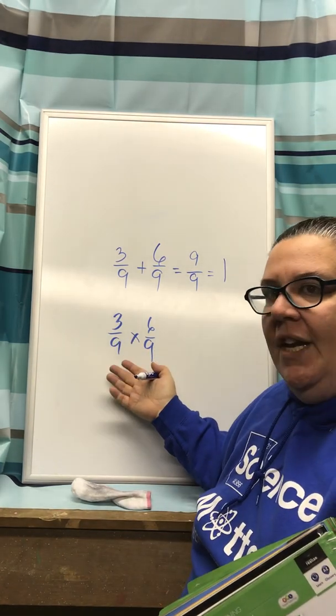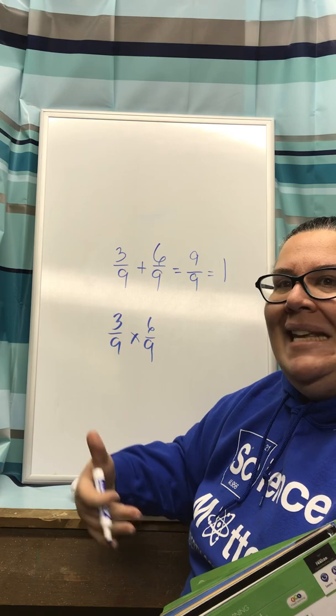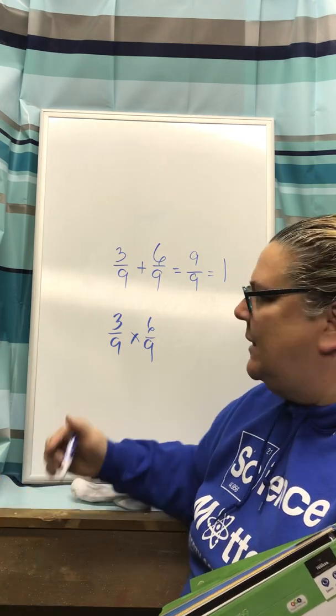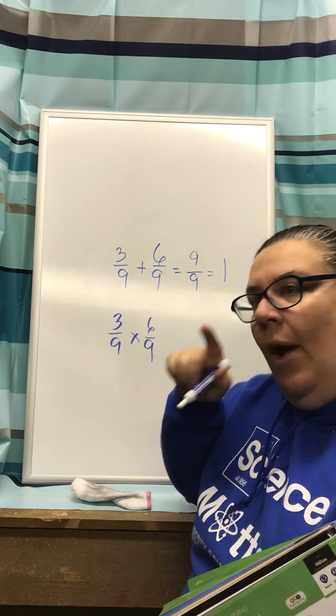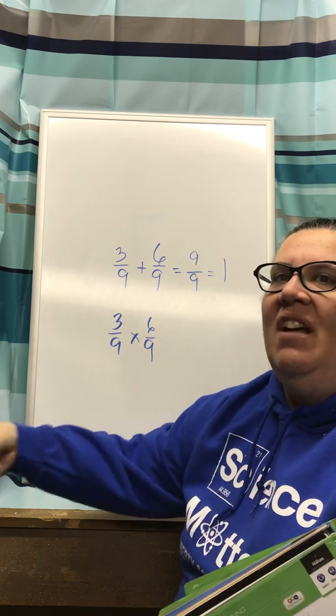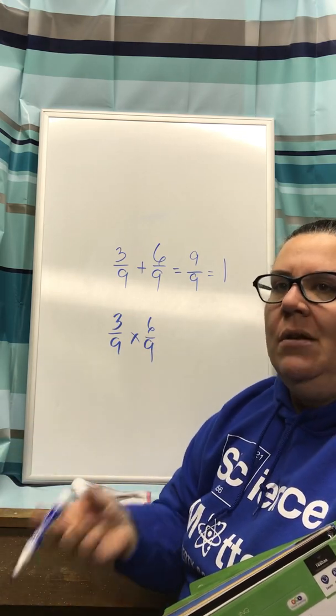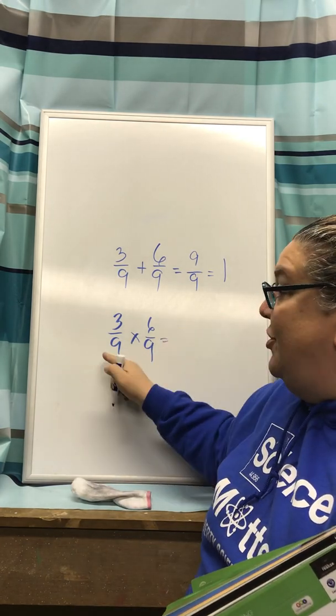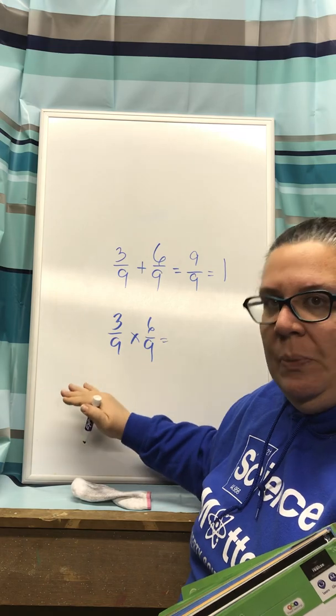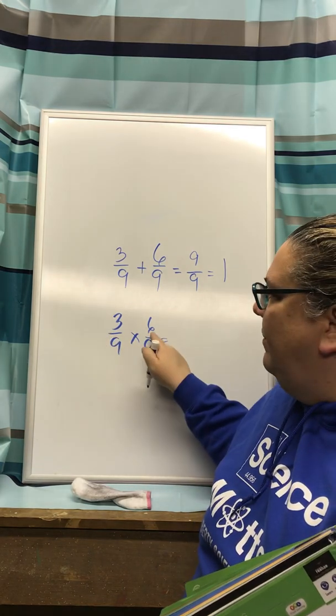With multiplication, I'm doing a piece of a piece that already exists. So I have 3/9 or 6/9, and I want to figure out what a portion of that is. So that portion is going to actually be smaller. So when I do the multiplication, remember I don't need common denominators, even though this problem has them, but I'm going to multiply across.